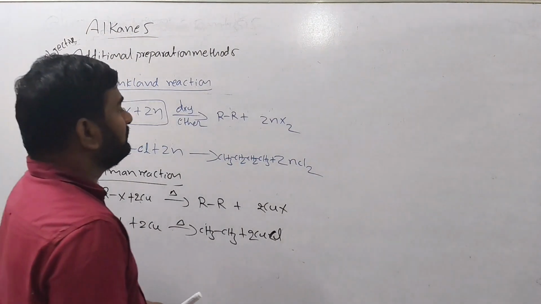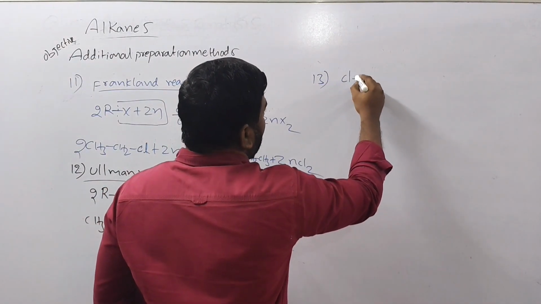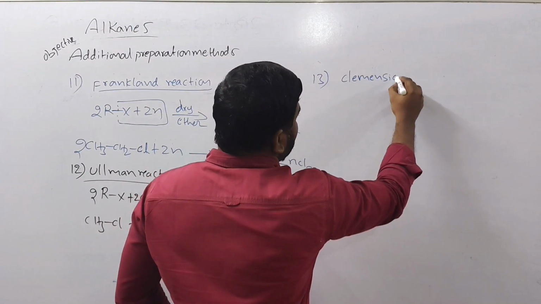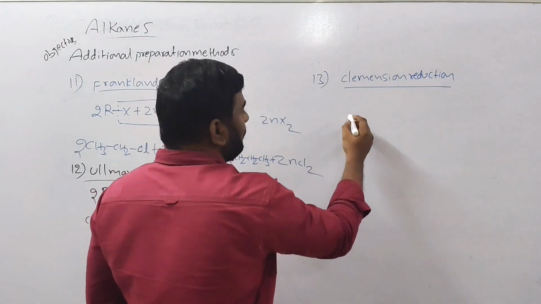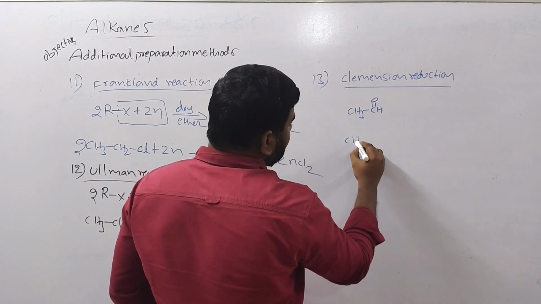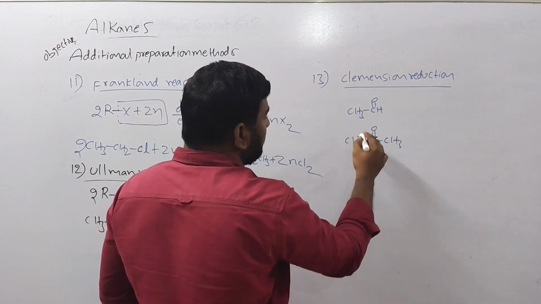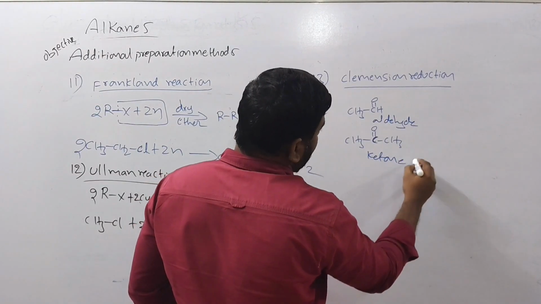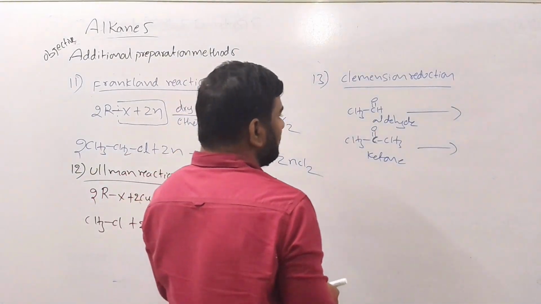Next, the 13th one, Clemmensen reduction. Suppose you take an aldehyde or ketone. Aldehyde means CHO, and CH3-C=O is a ketone. Here I am telling the products directly, not giving the detailed balanced equation.